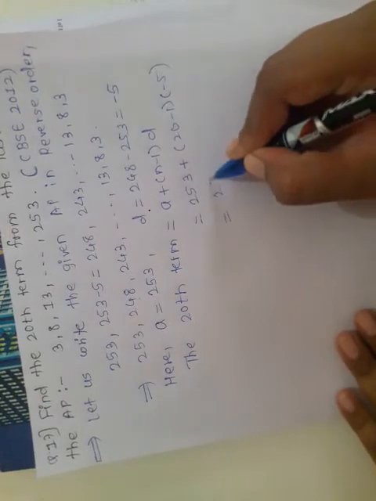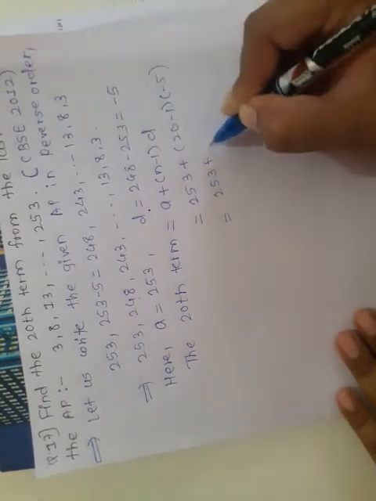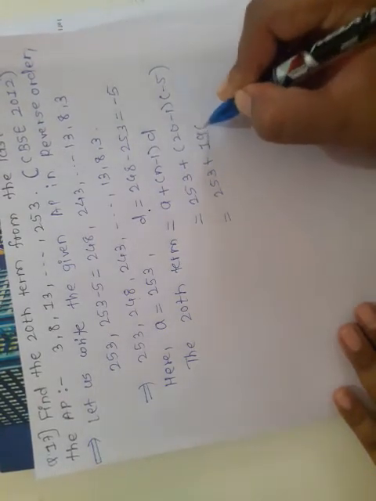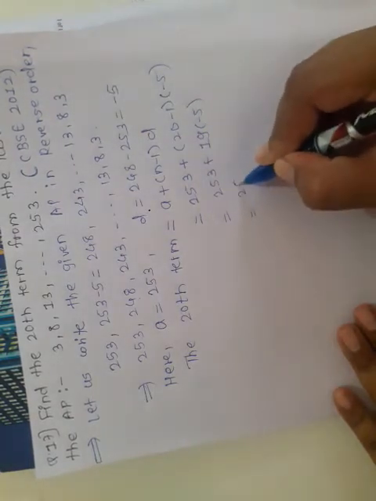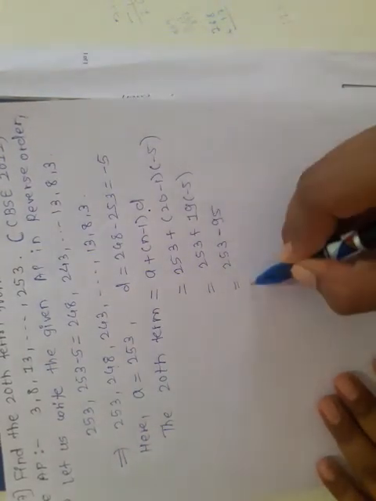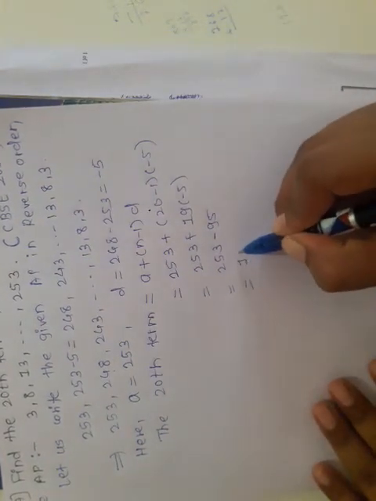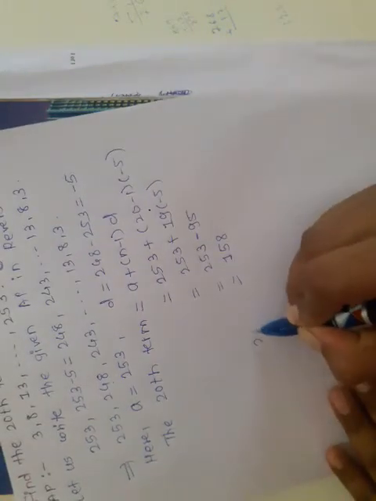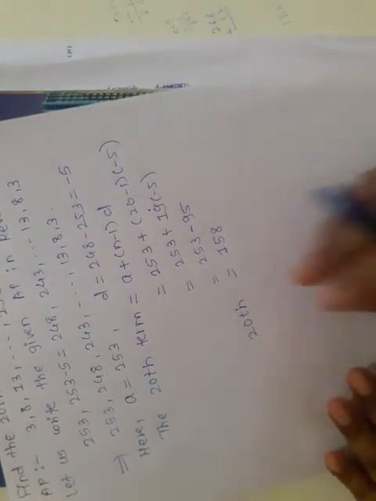So it is 253 plus 19 into minus 5, which is 253 minus 95, and we get the answer as 158. So the 20th term, a20, is 158.